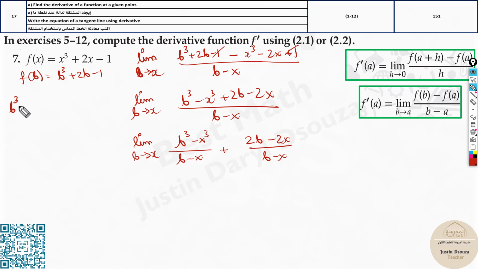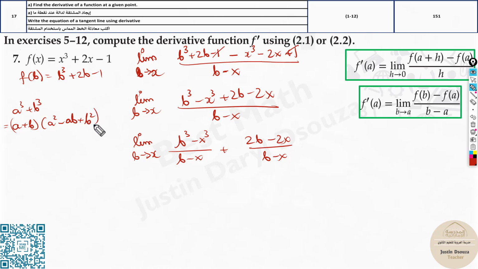See, I'll write it as a cubed and b cubed. a cubed plus b cubed is given by, when this is plus over here, always remember you start with a plus b, then you write a squared minus ab plus b squared.